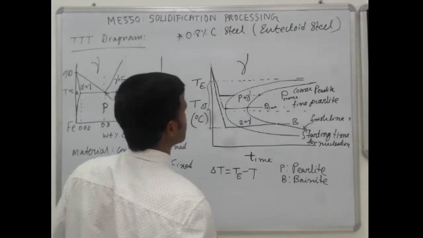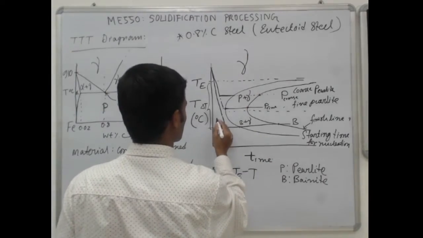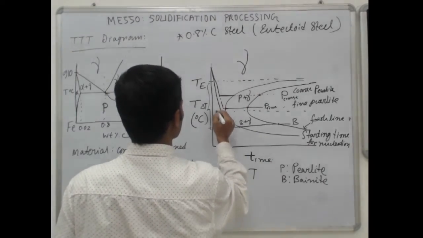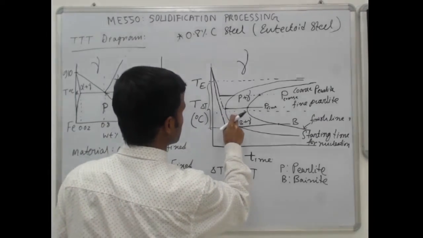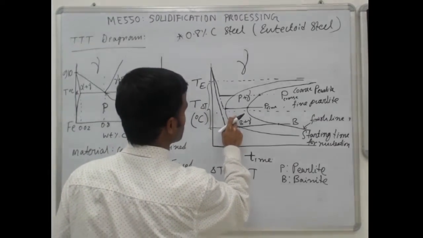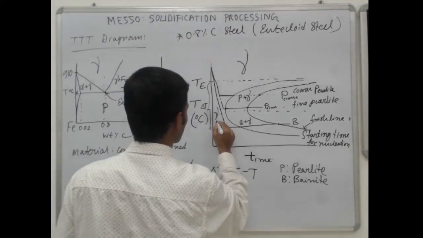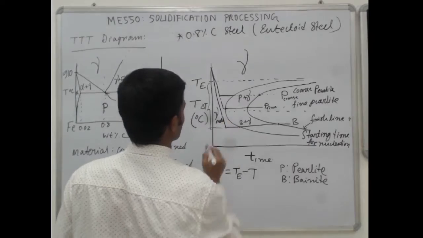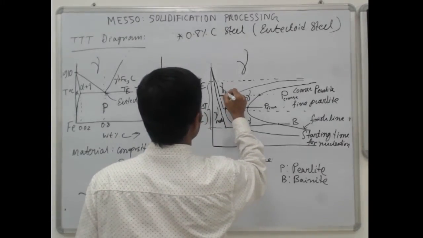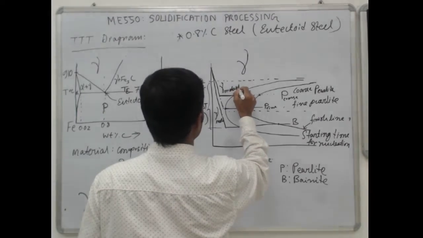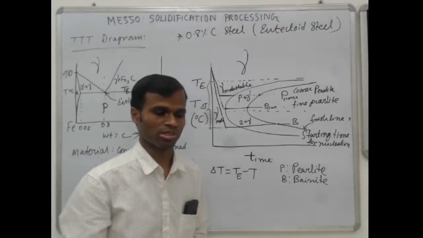Suppose you cool the austenite phase. Suppose you are here in this region, so it will not start any nucleation. The austenite is still austenite, but it is called metastable austenite. So in this region also it is metastable. Metastable and unstable are two different things you have to remember.